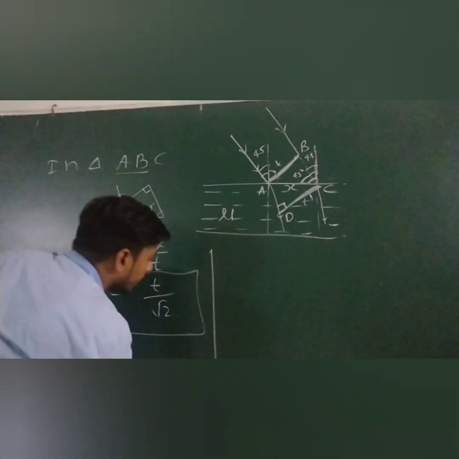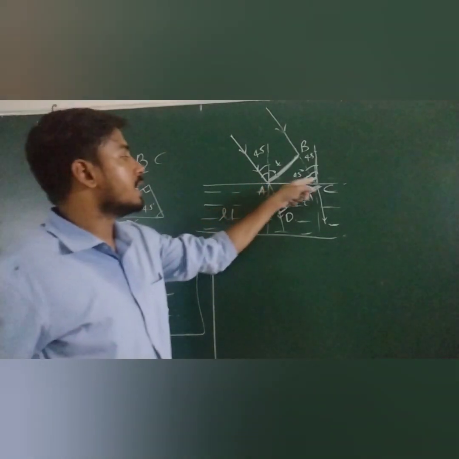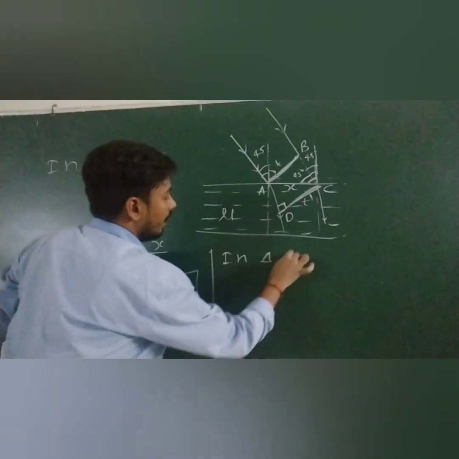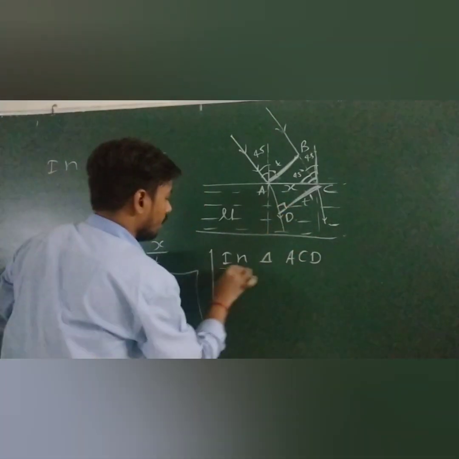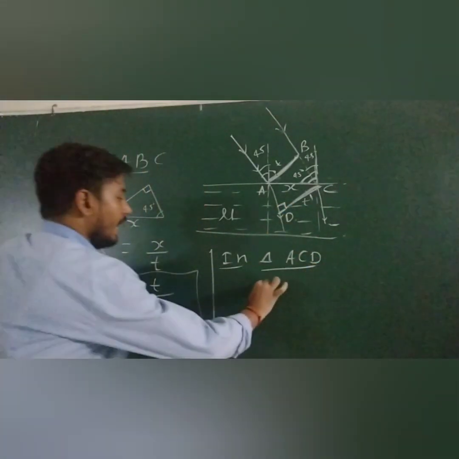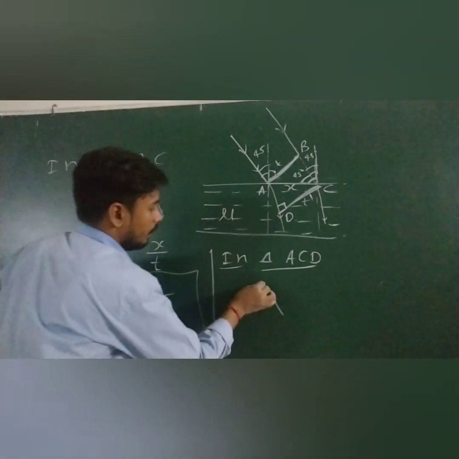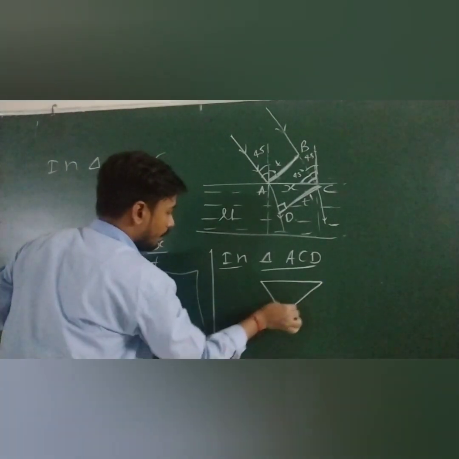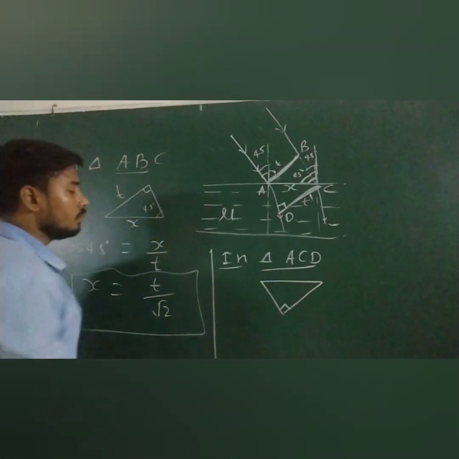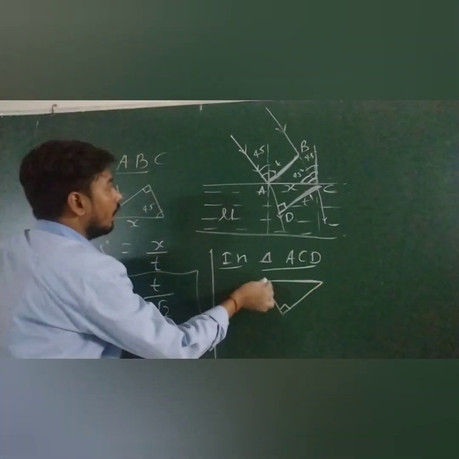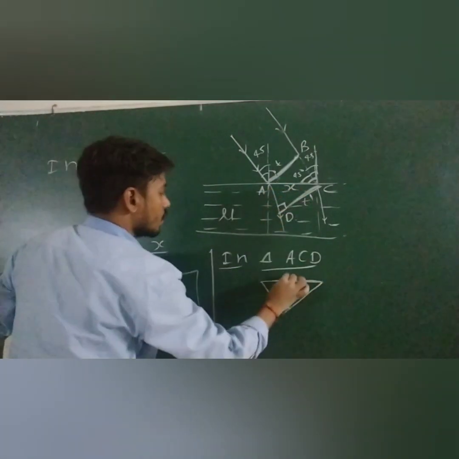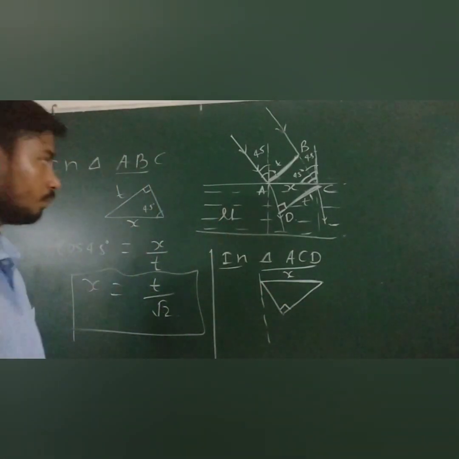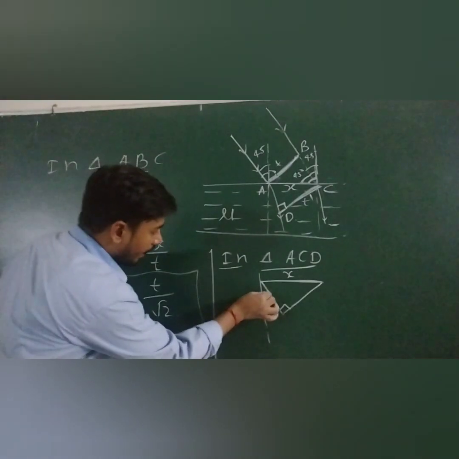Now come to another triangle, ACD. Here this is the perpendicular, and this is X. This angle we can find here.